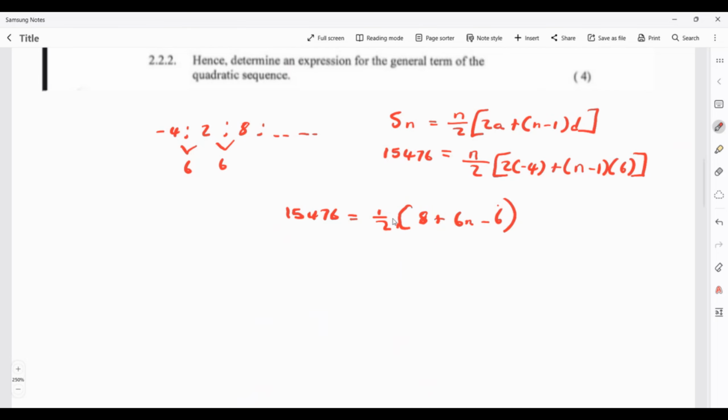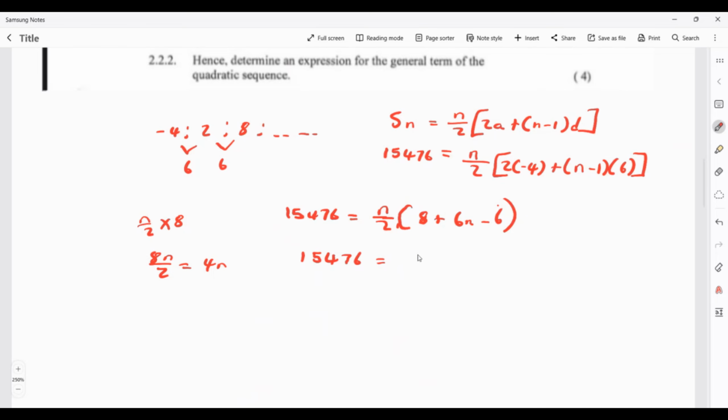And then don't forget that here I have an n. So which means when I am simplifying there, 15,476 is equal to 8. For this one, I have n over 2 multiplied by 8. This is actually 8n divided by 2, which is equal to 4n over there.